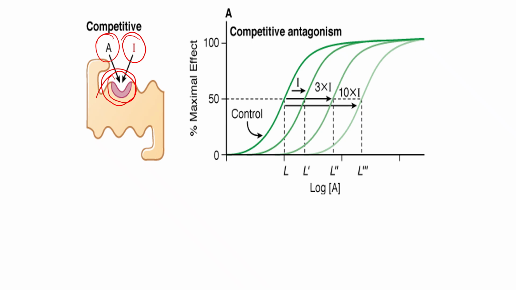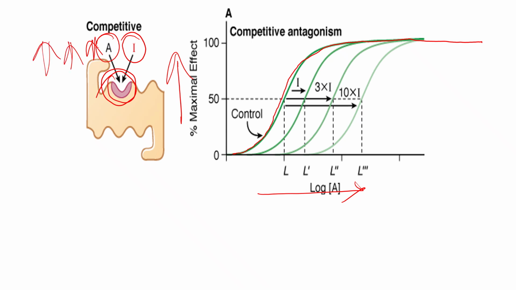All right, this is the x-axis, the log dose, and the y-axis is the maximal effect. When you give the agonist, it binds to the receptor. By increasing the dose, we are increasing the response. So that is a ceiling effect. When you add competitive antagonist and agonist, while increasing the agonist concentration, this is the curve of the agonist plus competitive antagonist.